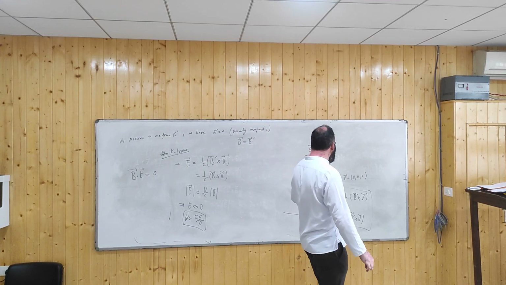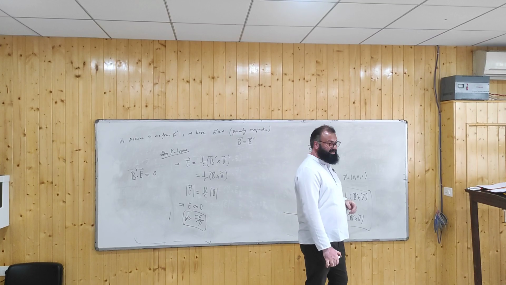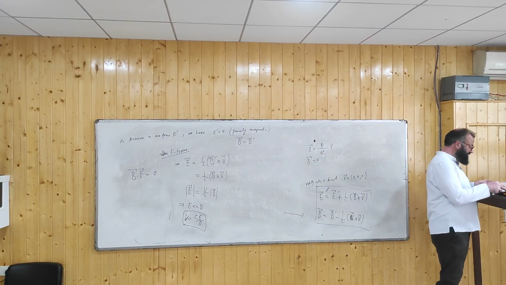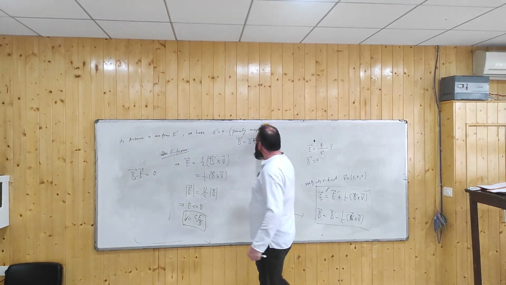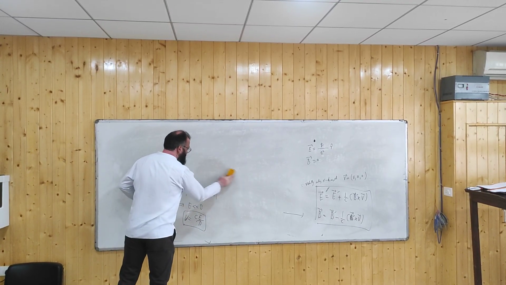You need to take care that R is actually changing as well, because when you apply the boost, there will be a transformation of R as well. So you do it, think of it. If you are not able to do it, I will do it. Okay, how much time is there?